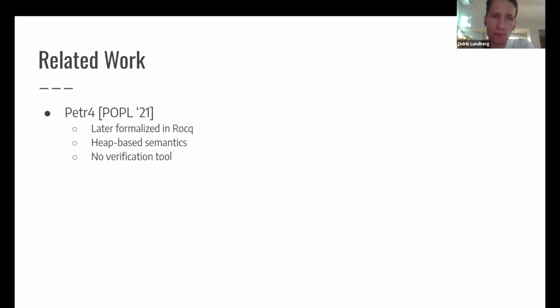The original paper presented no proof-producing verification tool, but some of the authors later made some tools, like the Leapfrog tool for parser verification and P4cub, which is a formalization or alternative intermediate representation, an alternative to the Petr4 semantics in a style that's a bit closer to HOL4P4.